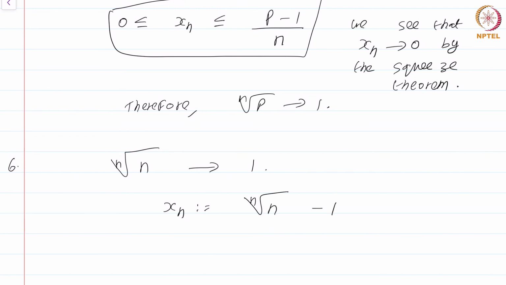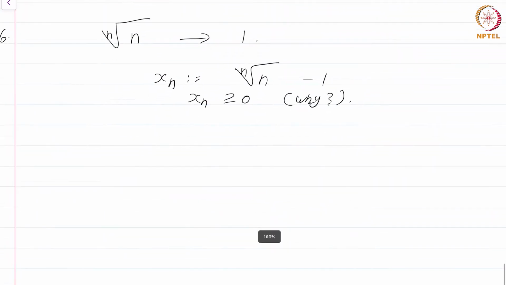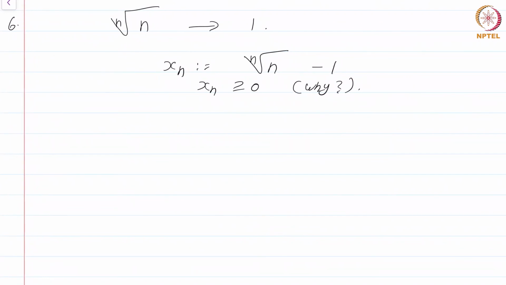Again, xn will be greater than or equal to 0, and I want you to think about why this is true.